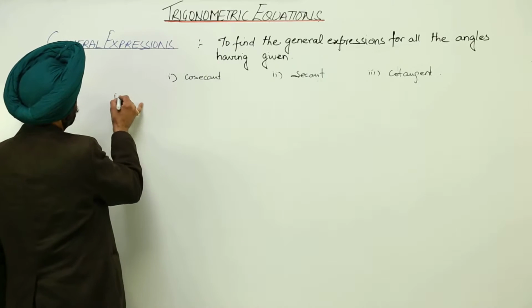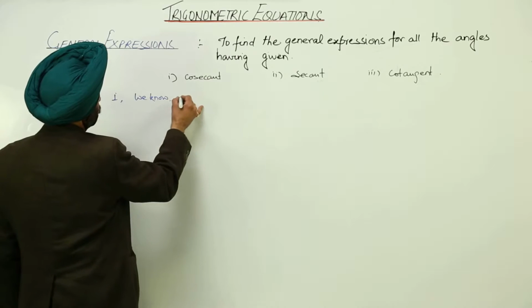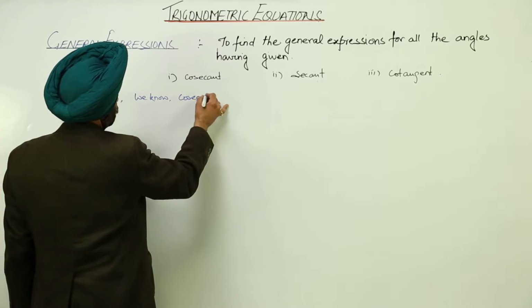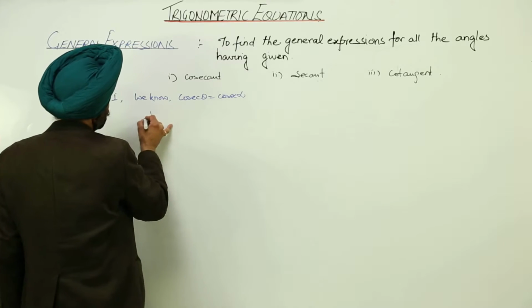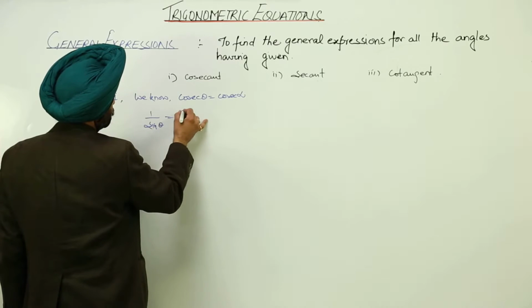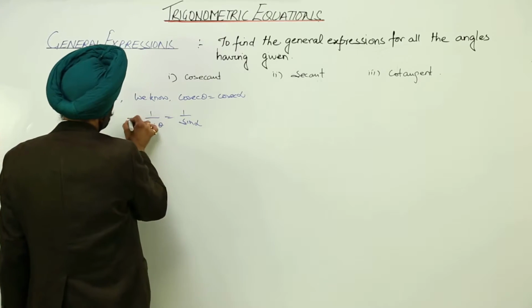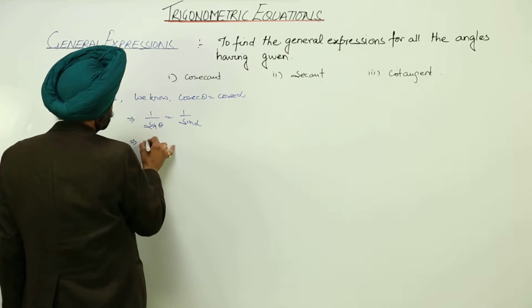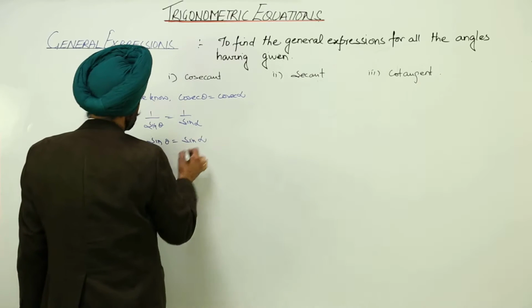Now number 1. Cosecant theta is equal to cosecant alpha. Now reciprocal form, 1 upon sin theta is equal to 1 upon sin alpha, and this becomes sin theta is equal to sin alpha.